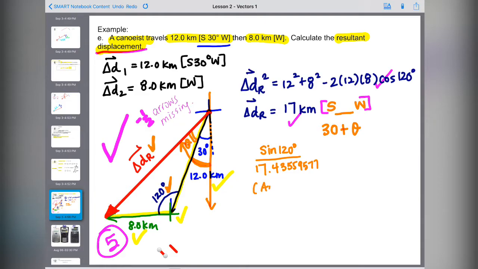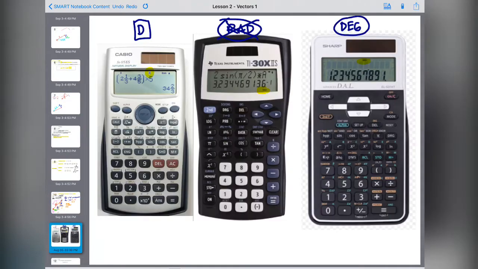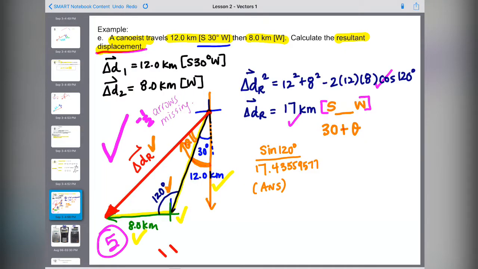I don't know if you can find this button on your calculator. See right here? That one, or this one, or this one. It is whatever answer is stored in your calculator. So use the ANS button, then you don't even have to repunch it. In this case, it's 17 point blah, blah, blah.